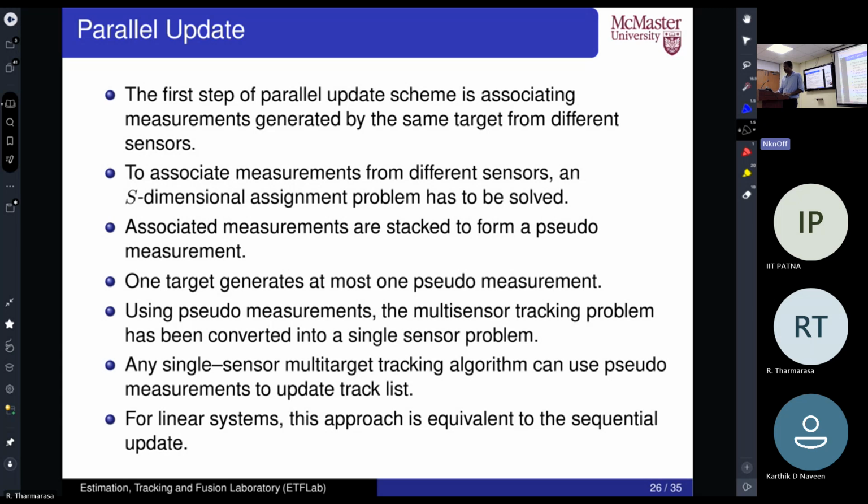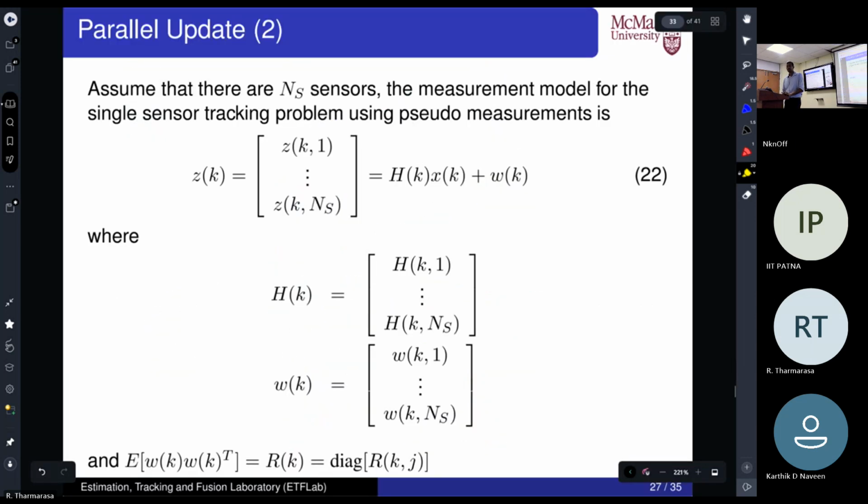This one simply talks about what I said. So this is what happens in the parallel update. We stack all the measurements that we get, from sensor 1, sensor 2, up to sensor n. Then you form this H by stacking all the linear H matrices, and the R is also stacked.